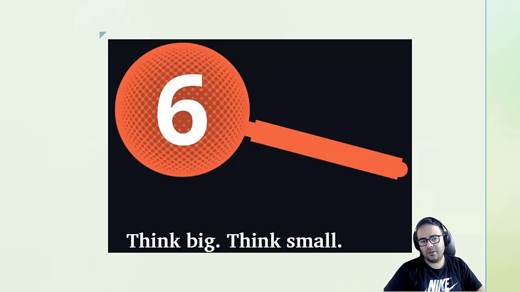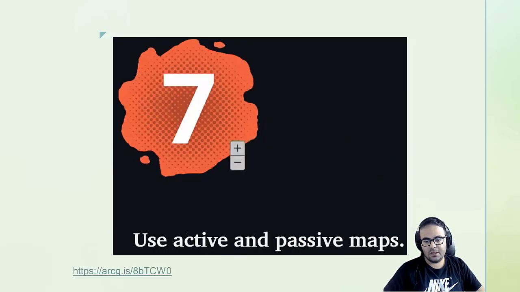And you can have these different perspectives. Sometimes you need to think big, sometimes you need to think small, and you just need to combine these in a way that is going to make it much more appealing for your audience. And definitely, sometimes you want to create passive maps. There is no interaction. Sometimes you want to create active maps. So people, when they open the story maps, they can click on different parts of the map to get information.